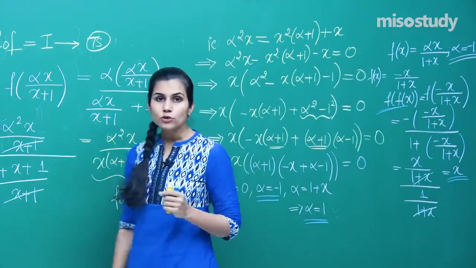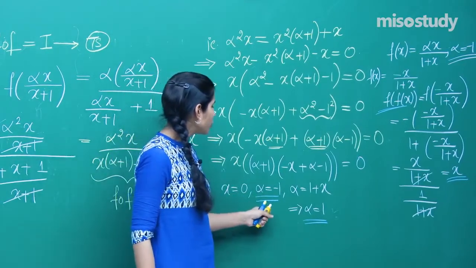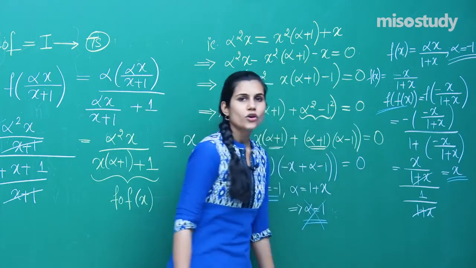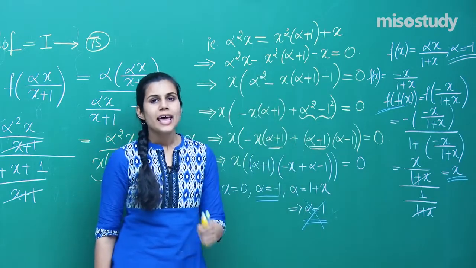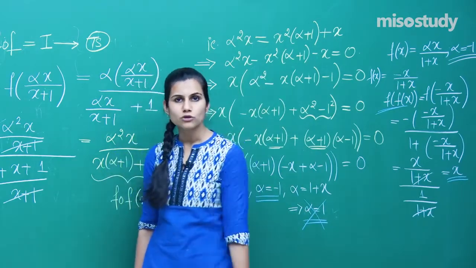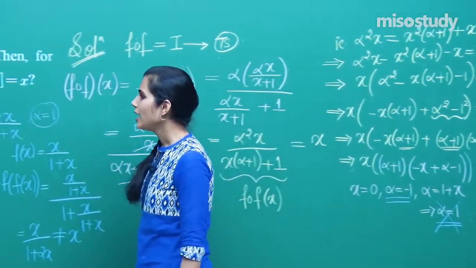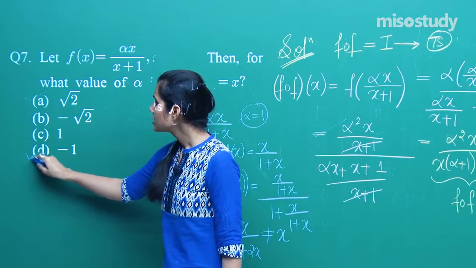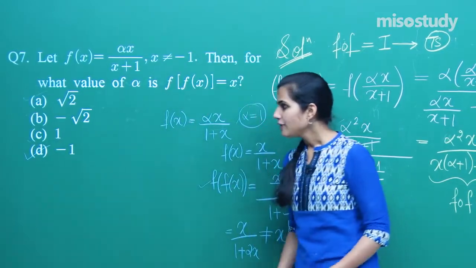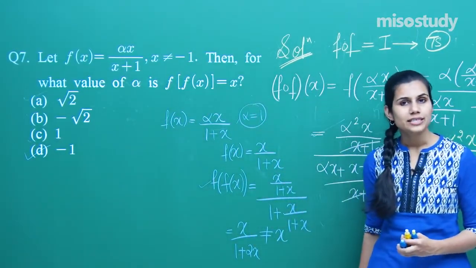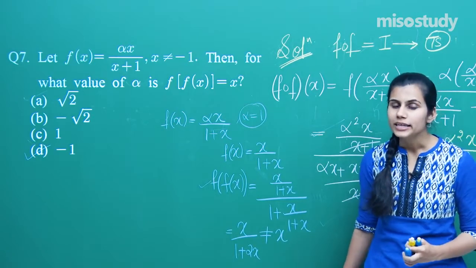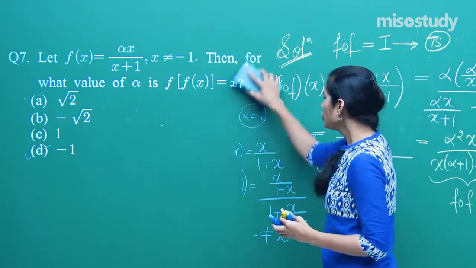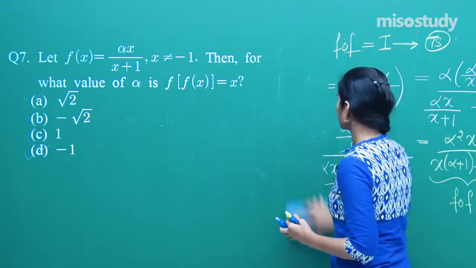among the two values of alpha, which were alpha equals minus 1 and alpha equals 1, this is wrong because corresponding to alpha equals 1, FOF of x is not coming out to be equal to x, and that is why the correct option is not C but D. For alpha equals minus 1, I have this expression coming out to be equal to x, that is I have f of x equal to x.